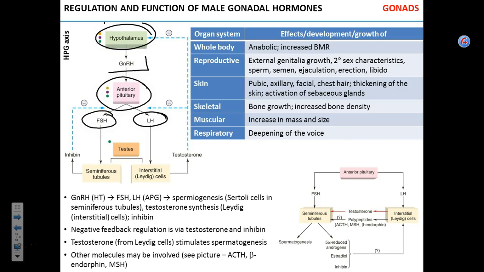Follicle stimulating hormone will act on a part of the testes called seminiferous tubules and will stimulate sperm development. Luteinizing hormone will act on so-called Leydig cells, which will produce testosterone.